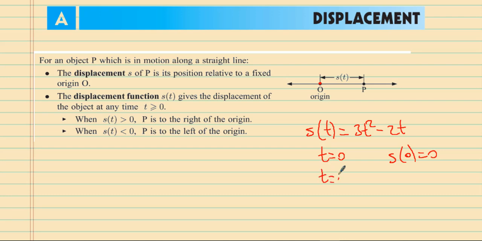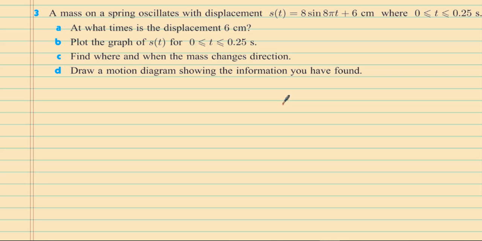At time 1, if you have a positive number, you are on the right. If you have a negative number, you are on the left, that is your displacement. In your book, there is one problem given with a quadratic, so check that one. Let me solve one question from your book, which is with trigonometry.